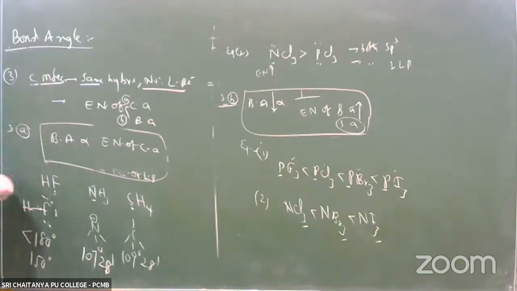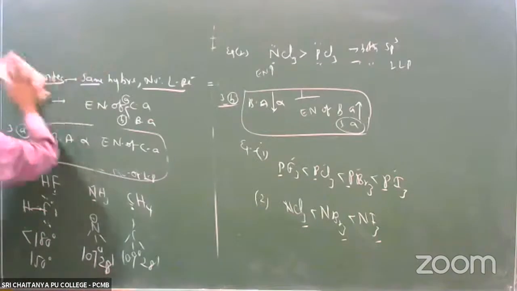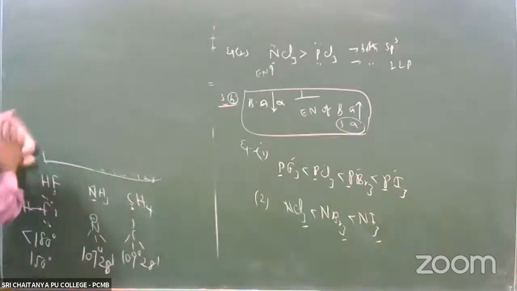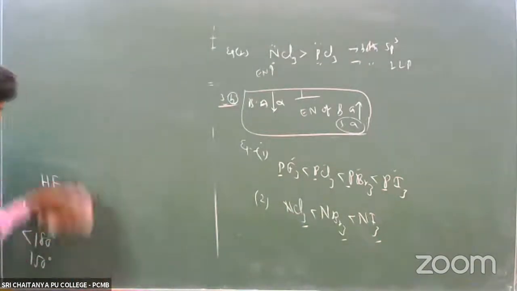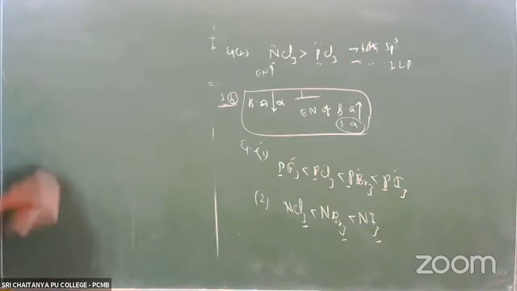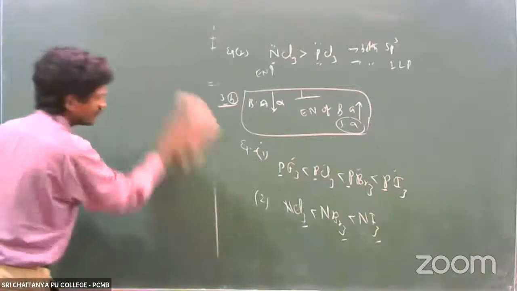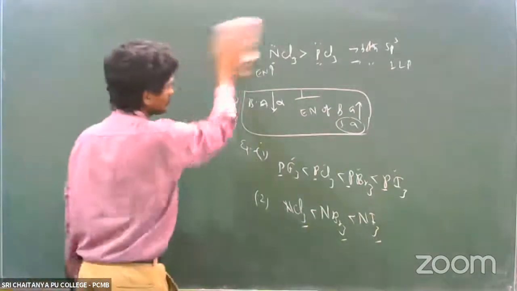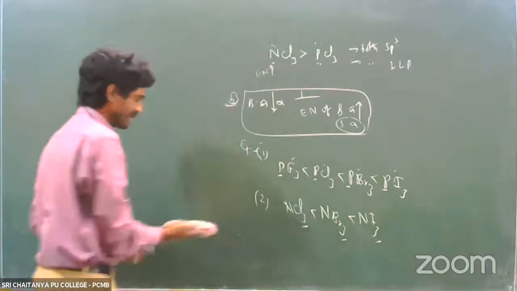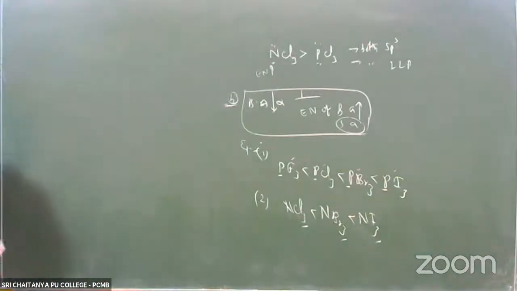Next one. So this is about the concept of bond parameters. Next now. A covalent bond is formed by equal contribution and equal sharing of electron pairs.